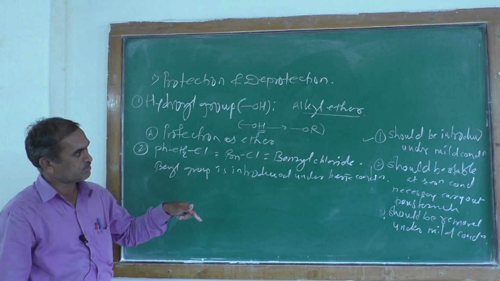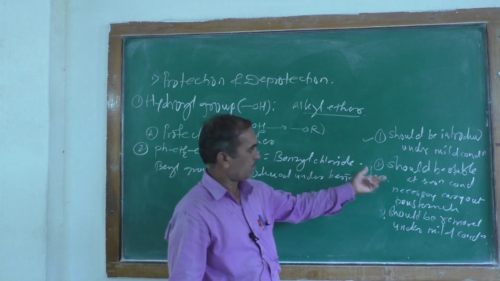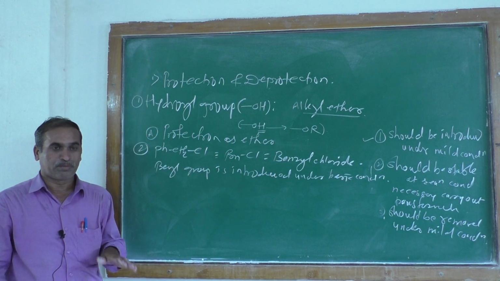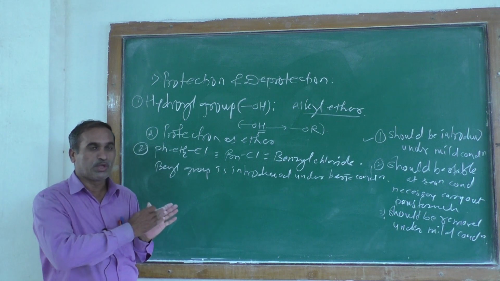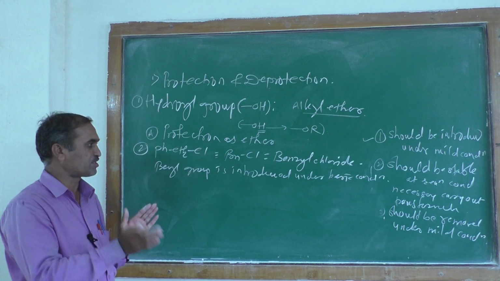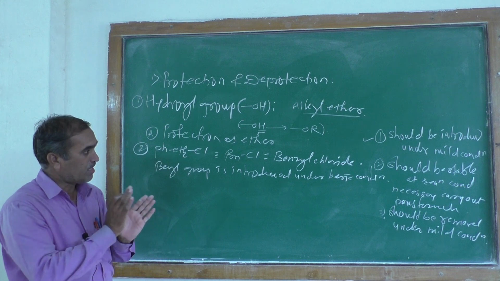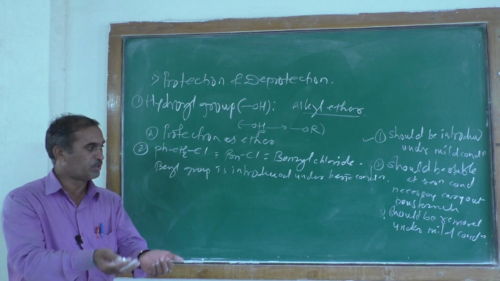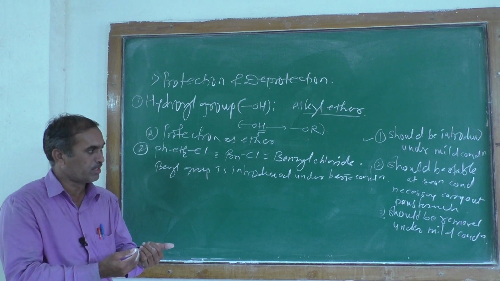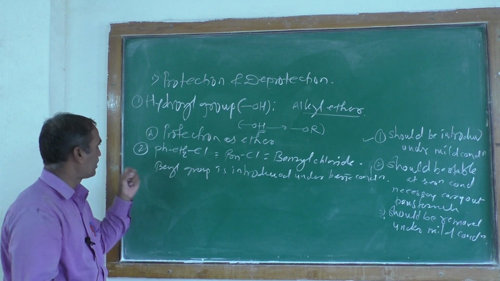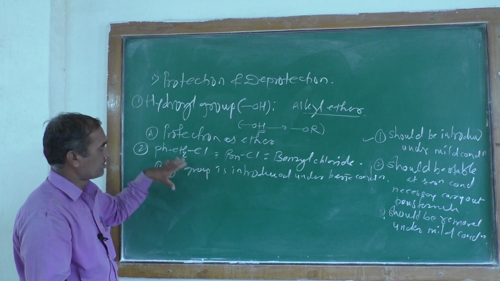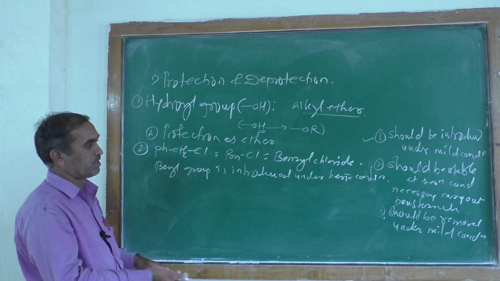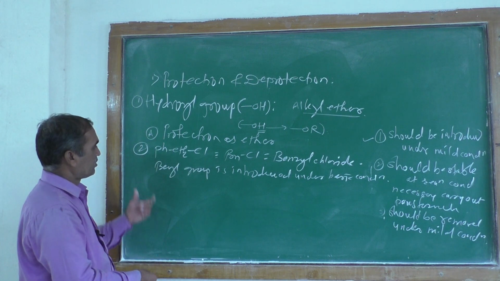Now the second one: when the reaction is carried out, the protecting group must be stable during that transformation. Lastly, at the end of the reaction, we should regenerate our original alcohol as it is, and therefore it should be removed under mild condition.